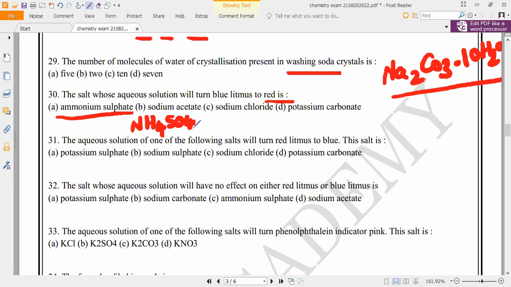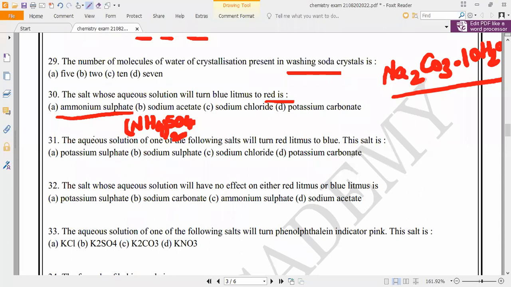Is it correct? I think wrong. Please verify. Anybody? Sir, (NH4)2SO4. NH4 twice is correct because SO4 is 2 minus, so 2 will come.